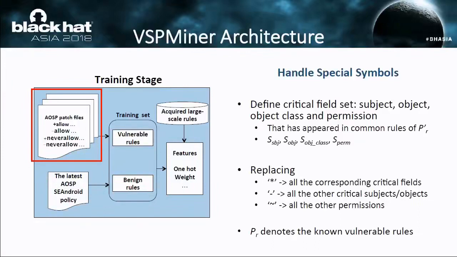After we get these critical sets, we can replace the star, the dash, and the tilde. For the star, we replace it with all the corresponding critical fields. And for the dash, we replace it with all the other critical subjects, operations, or objects, and so on. Finally, we get R_v, which we define as the known vulnerable rules.